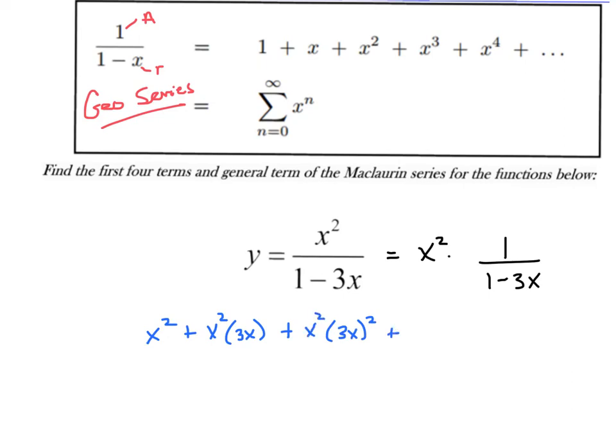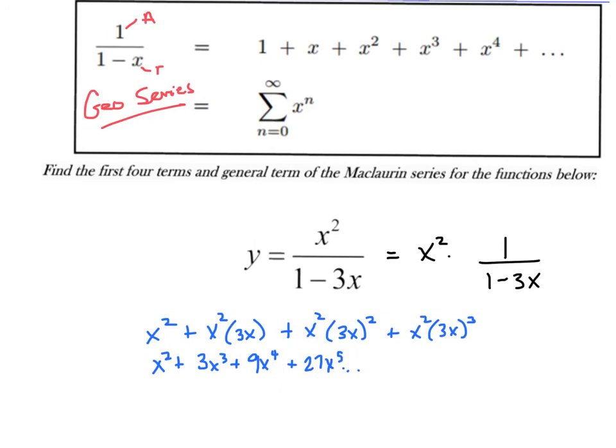Instead of x cubed, I'm going to have 3x cubed, and then every term multiplied by x squared. You can clean this up if you'd like. I probably would. I'd have x squared plus 3x cubed plus 9x to the 4th plus 27x to the 5th, like that. Those would be my terms.